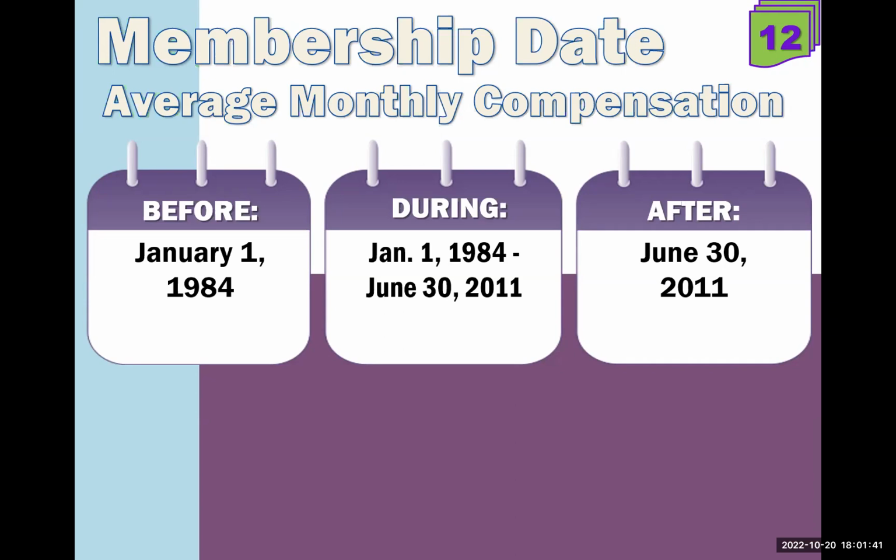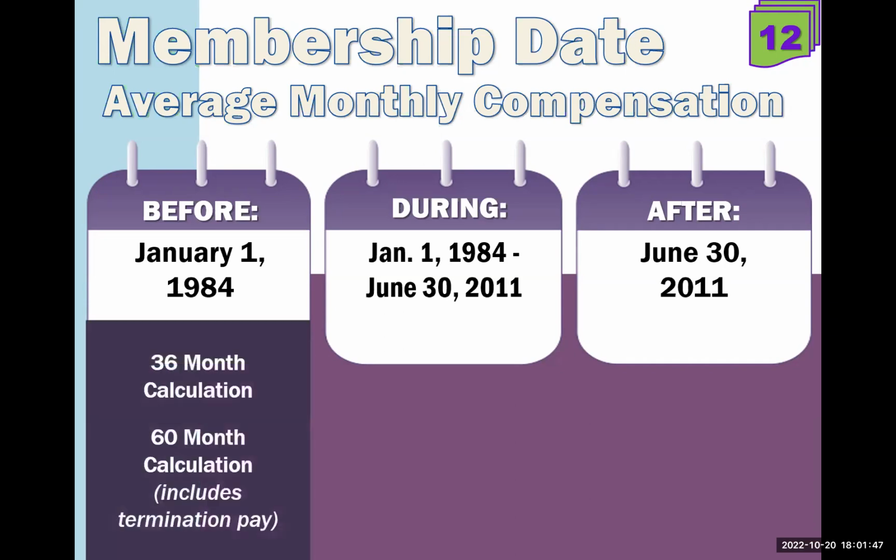Now, if your membership date was prior to 1984, two calculations are considered, but only one method can be used. So what we'll do is go back 10 years and look for the highest 36 months of contributions. We're also going to look for the highest 60 consecutive months of contributions.